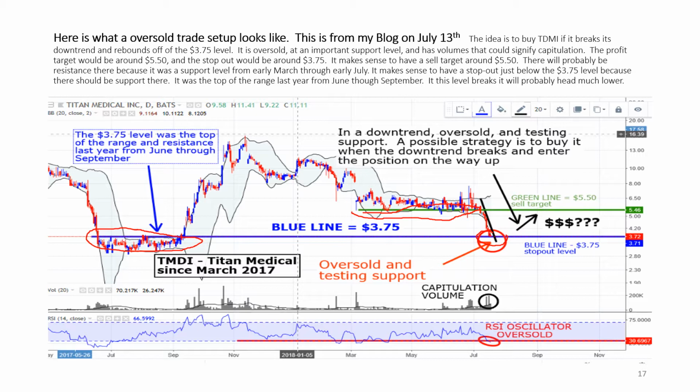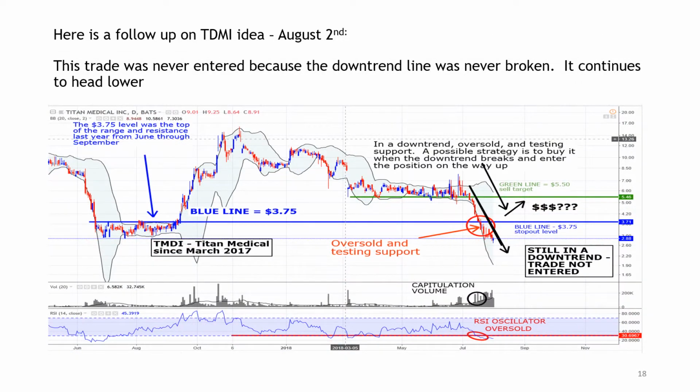So I was going to be up in this area here. And if it broke its trend line and bounced, I would have bought it up here. And this would have been my sell stop, and this would have been my buy target, just under there. But lo and behold, the trade was never entered because, you guessed it, the trend line was never broken.